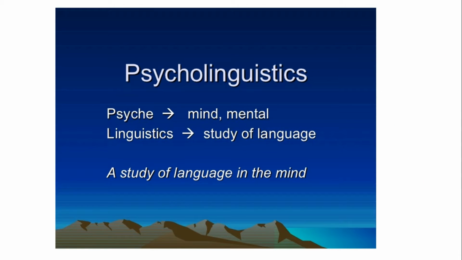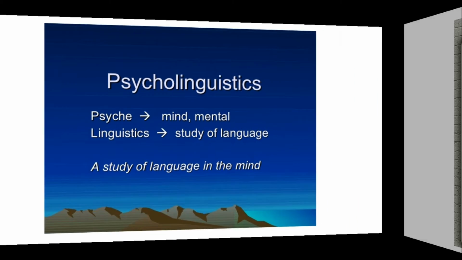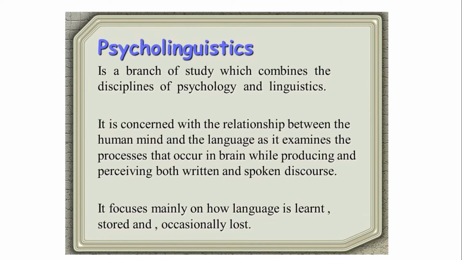Psycholinguistics, from the word psyche, which means mind or mental, and linguistics, the study of language. So, psycholinguistics is the study of language in the mind. It is a branch of study which combines the disciplines of psychology and linguistics.